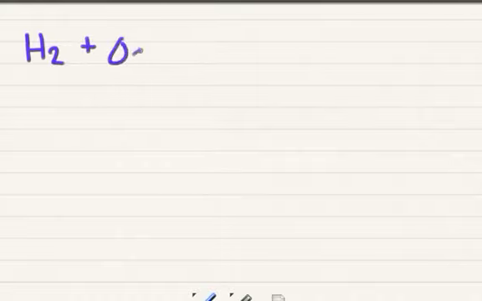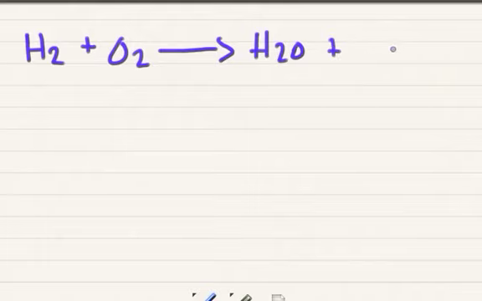So H2 plus O2 yields H2O plus heat. This is a combustion.